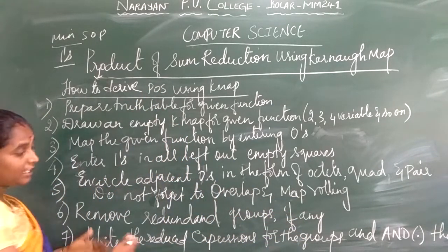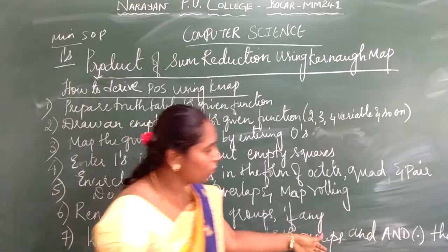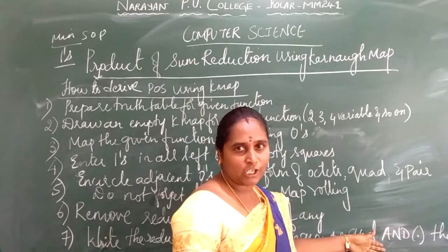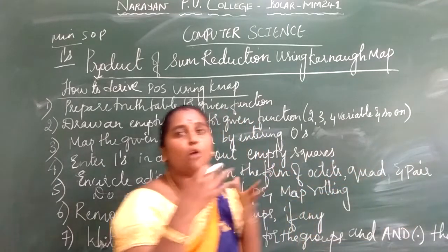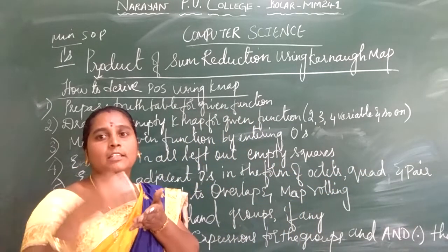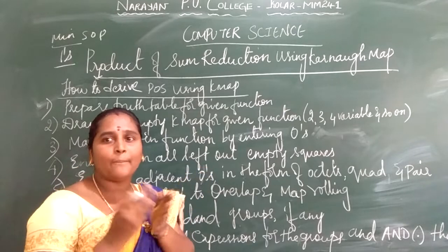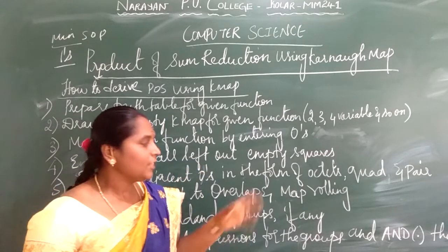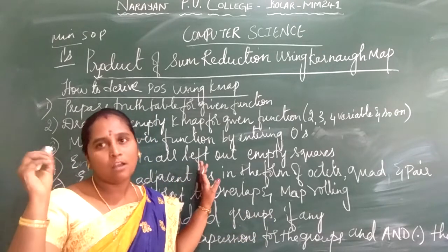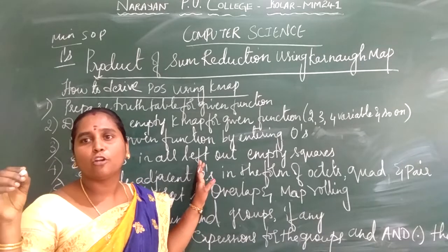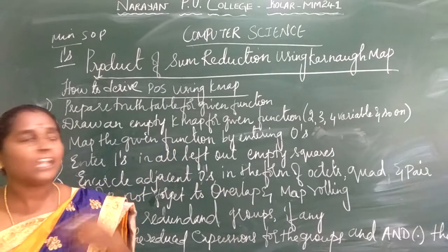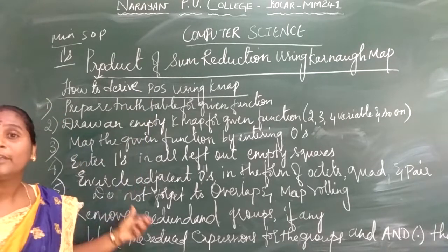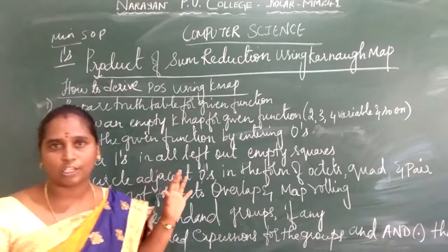Then write the reduced expression for the groups and apply the AND function. You are going to apply the AND function to all the sum term expressions you derived, that is, you combine them with your AND symbol, dot symbol, and you get the reduced expression. Let's solve a problem, then you understand how these rules can be applied to that particular function.